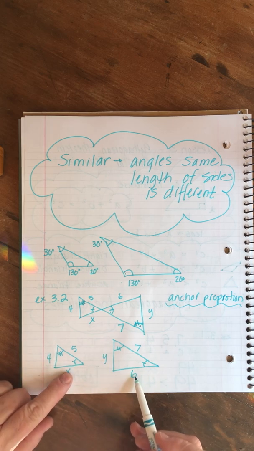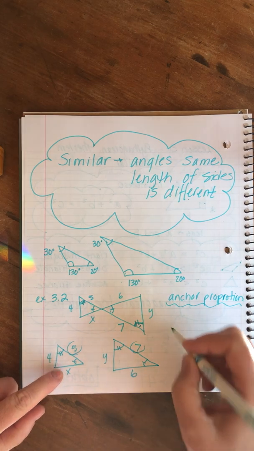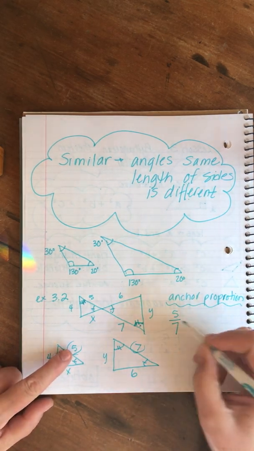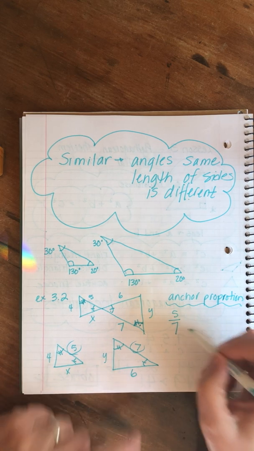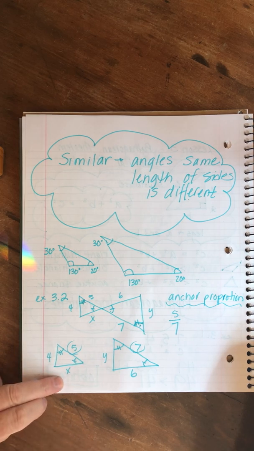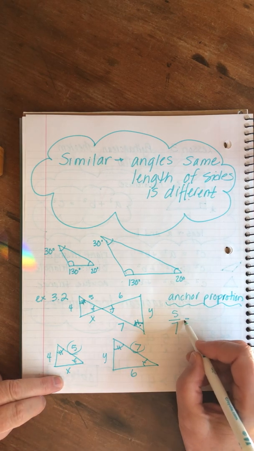The X and the 6, that's not going to work. But the 5 and the 7 are both numbers. So 5 over 7 with the left triangle on the top and the right triangle on the bottom, that's going to be my anchor. To solve for X, let's go in order. I'm going to take those two pair of sides and set them equal to it.